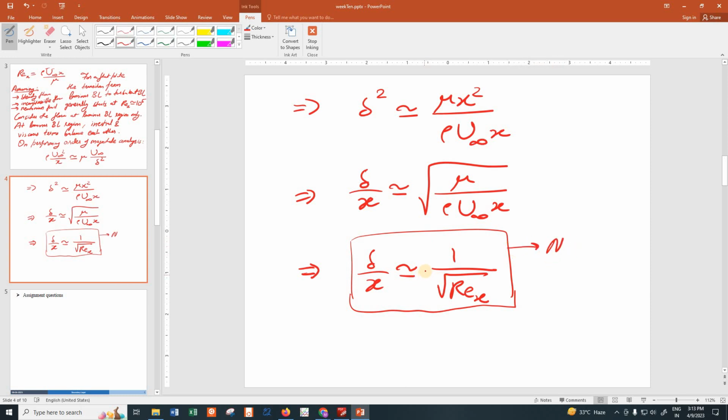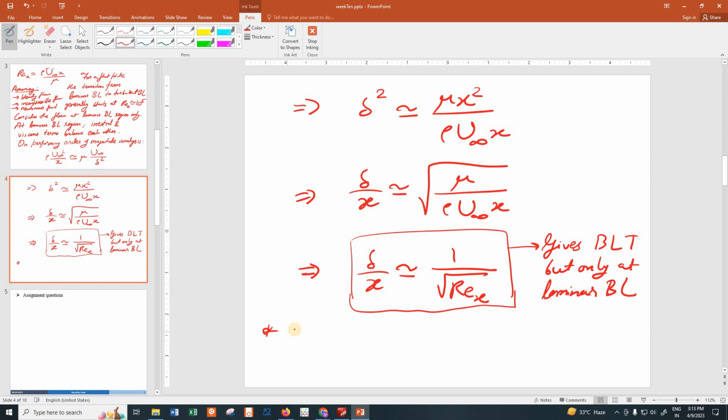So this expression will give you the boundary layer thickness, but only in the laminar region.